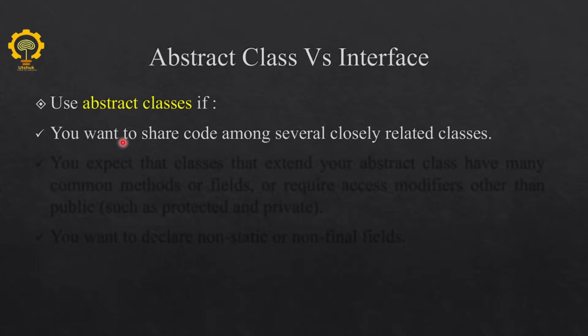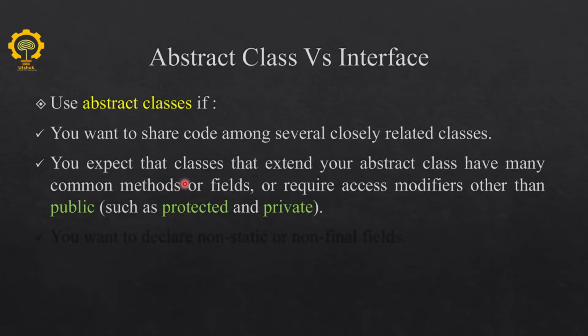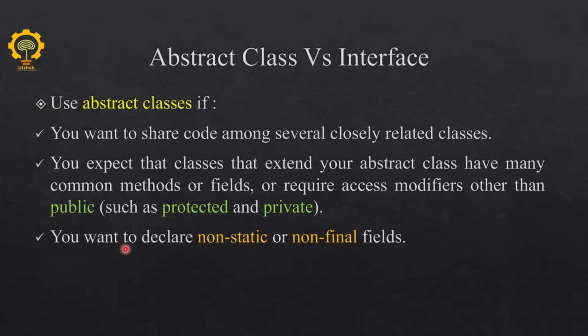If you expect that the classes that extend your abstract class have many common methods or fields or require access modifiers other than public, such as protected and private, you can also use an abstract class. And if you want to declare non-static or non-final fields, then you can use abstract classes.